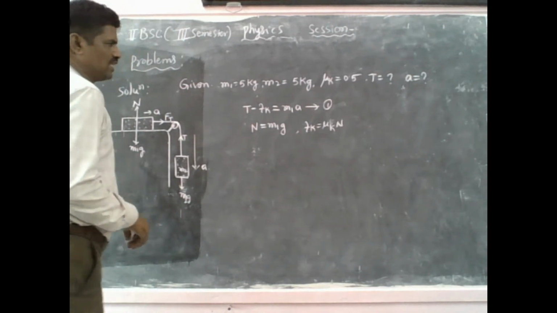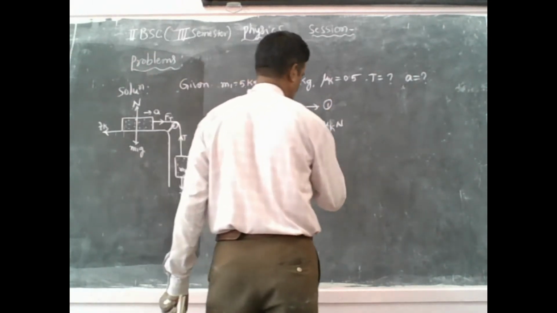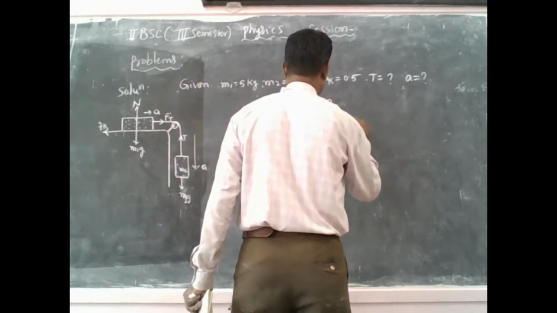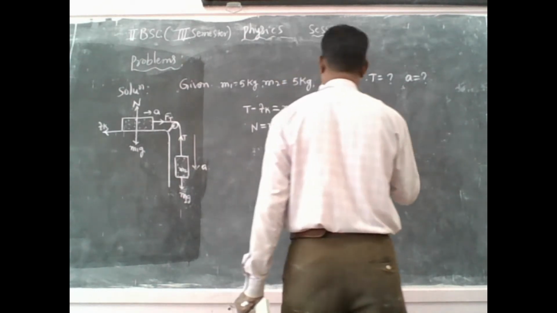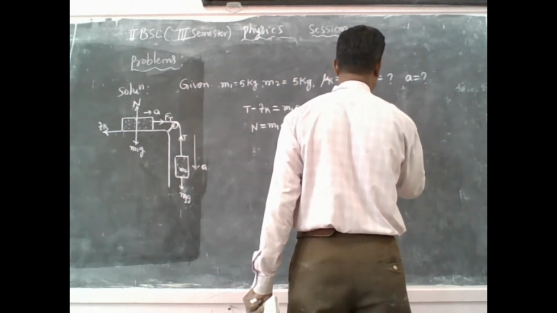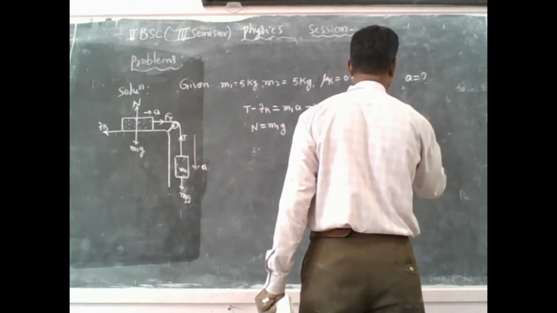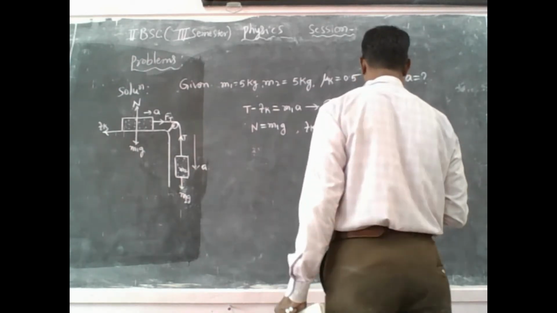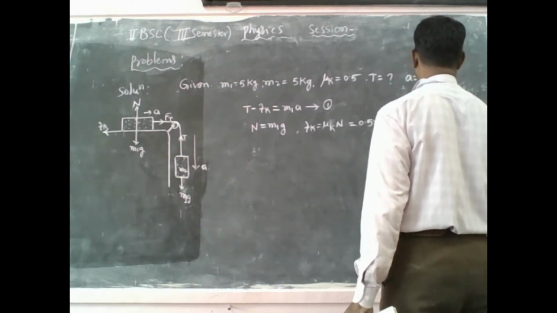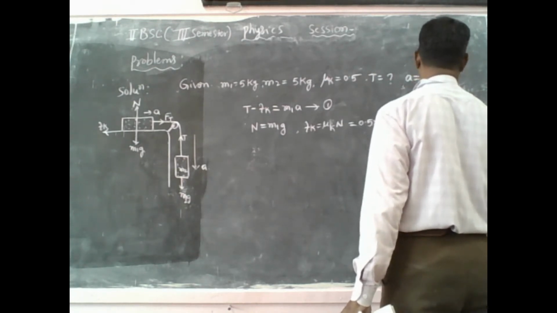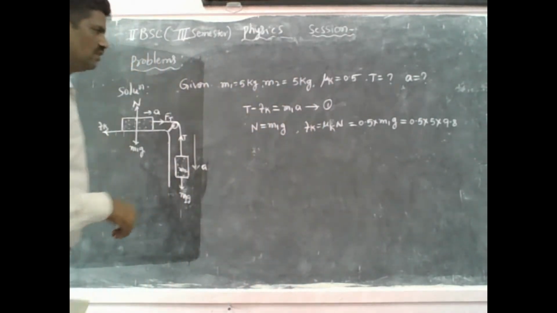So as given in the problem, mu k is equal to 0.5. Therefore, we can substitute mu k equals 0.5 into Fk equals mu k times M1G. That is 0.5 into M1, where M1 is the mass, 5 kg, and G is equal to 9.8, as usual, isn't it?